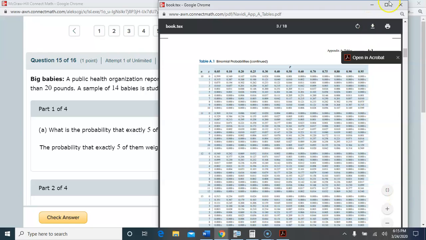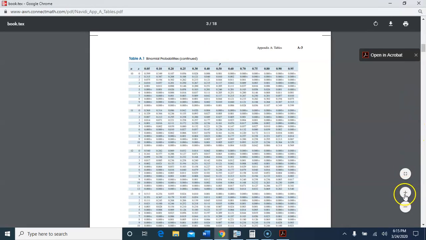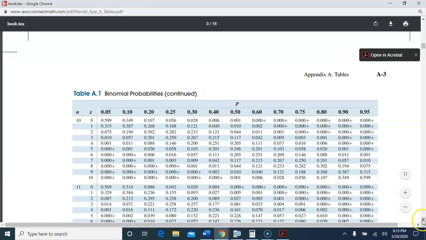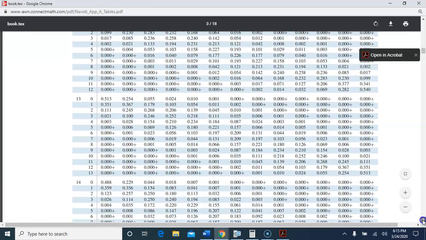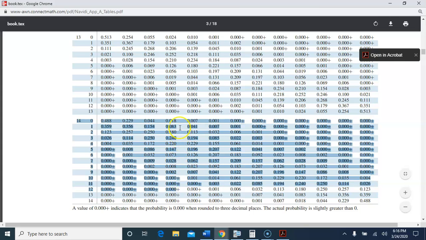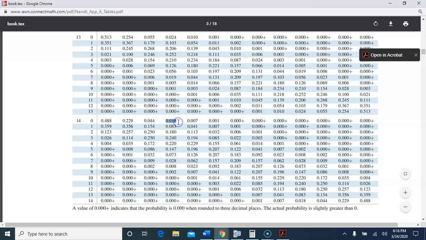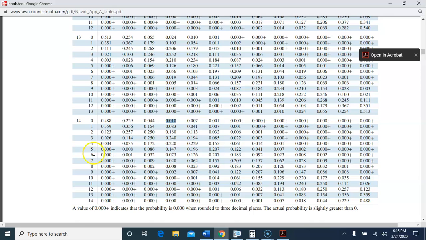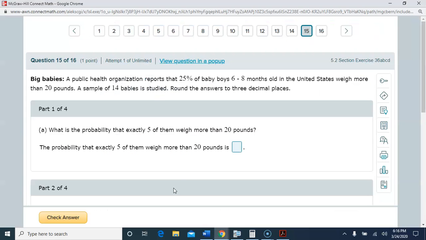So let me scroll down here a little bit and zoom a little bit. The fourth column over is for 0.25, so we want to be living right in this column. The question is, what is the probability that exactly 5 of them are successes? So here's 5, N is 14, 5 successes, probability is 0.147.